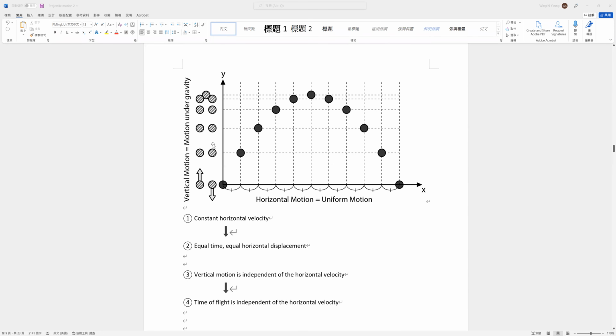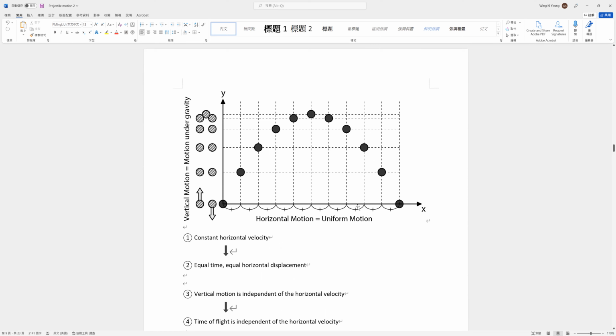Let's also take a look at this diagram. This is always a very good diagram. You can see the motion of the black ball. This is a projectile motion, and if you look at the vertical motion, it's exactly the same as the gray one. For its horizontal motion, you can see that it always travels equal distances in equal times.